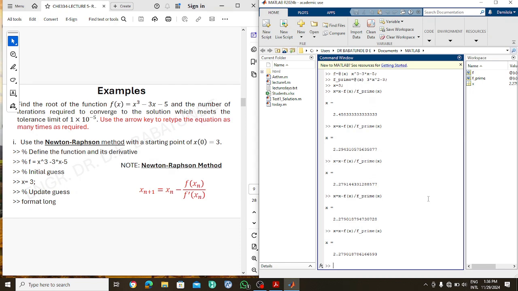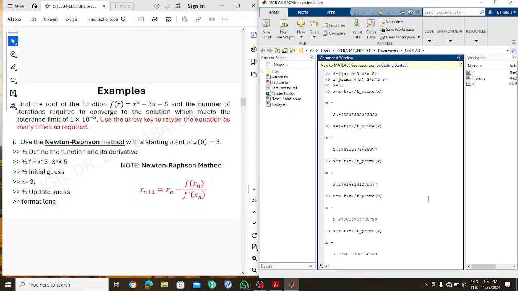Now if you look at the last value I got, you see that 1, 2, 3, 4, 5, 6 digits after the decimal place are the same as the previous one. So I believe at this point the difference should be lesser than 1 times 10 raised power minus 5.